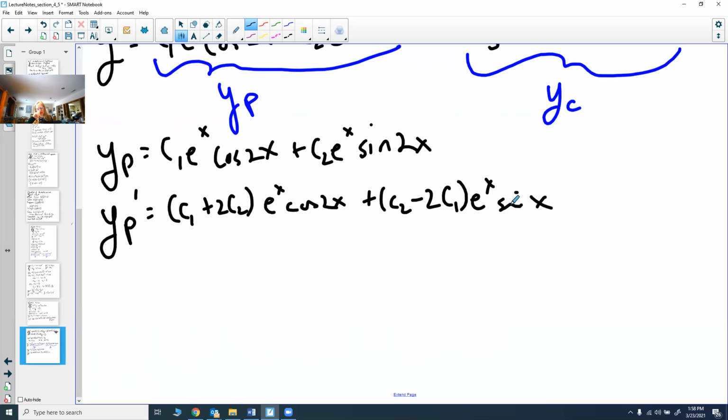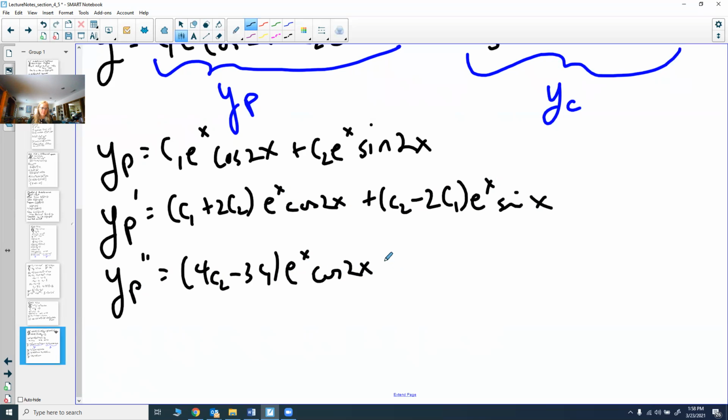So you're just doing product rule derivatives and simplifying it. Your y sub p double prime would be (4c2 minus 3c1) e to the x cosine 2x plus (2c1 minus 11c2) e to the x sine of 2x.